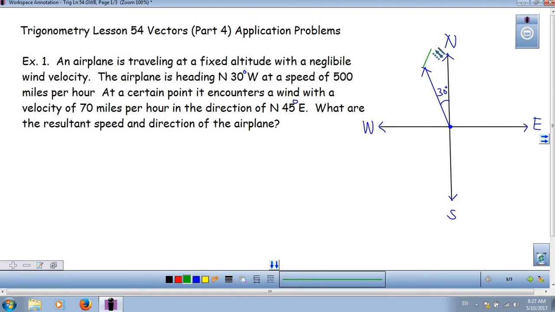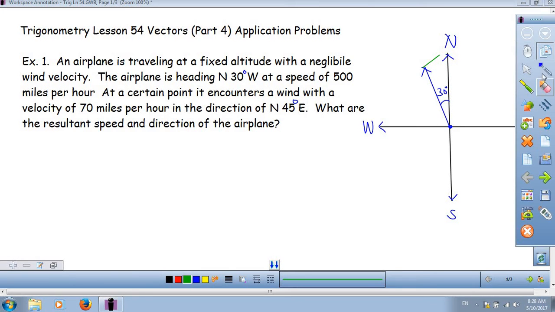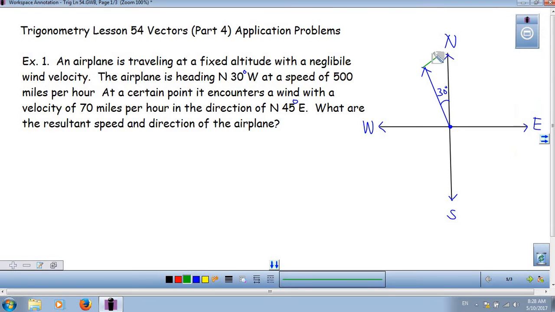If I go to north, then go 45 degrees toward the east, I'm sorry, it points towards the northeast direction. Basically, the blue one is the velocity of the airplane, and the green one is the velocity of the wind.